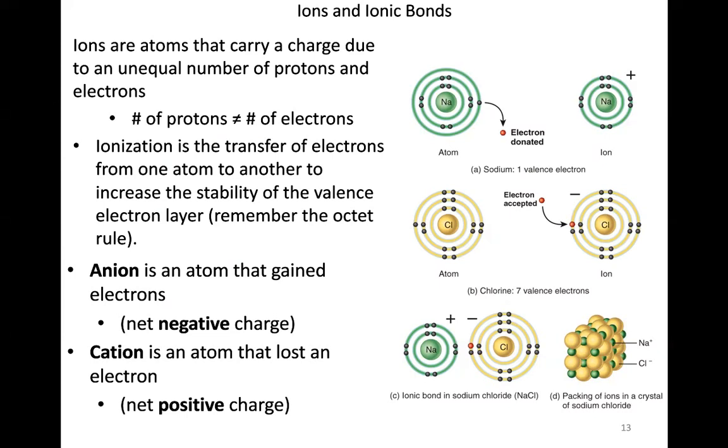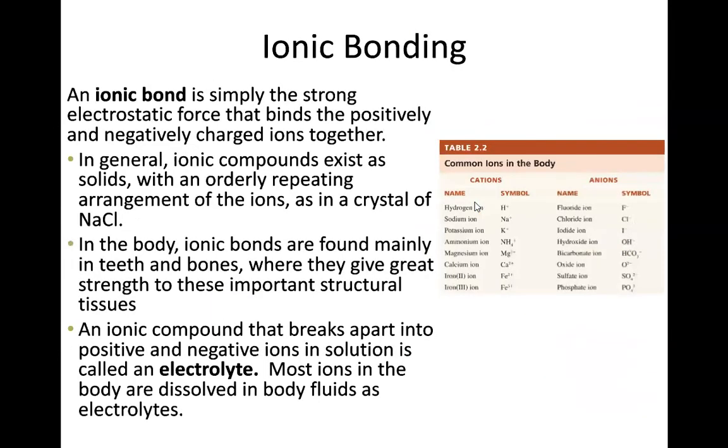So the cation, in this case sodium, which is positively charged, is attracted to the anion, in this case chloride, which is negatively charged. And what happens is the formation of an ionic bond. Our first bond to discuss.